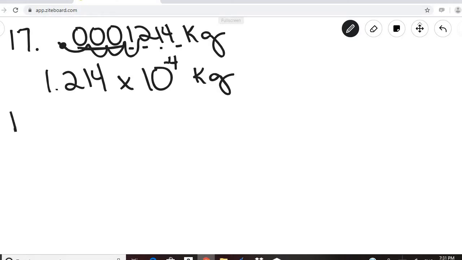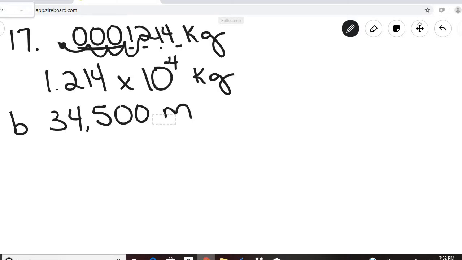So that's 17A. 17B is 34,500 meters. Okay, so our decimal place is right there. So if we look at significant figures, only the non-zero numbers are significant.